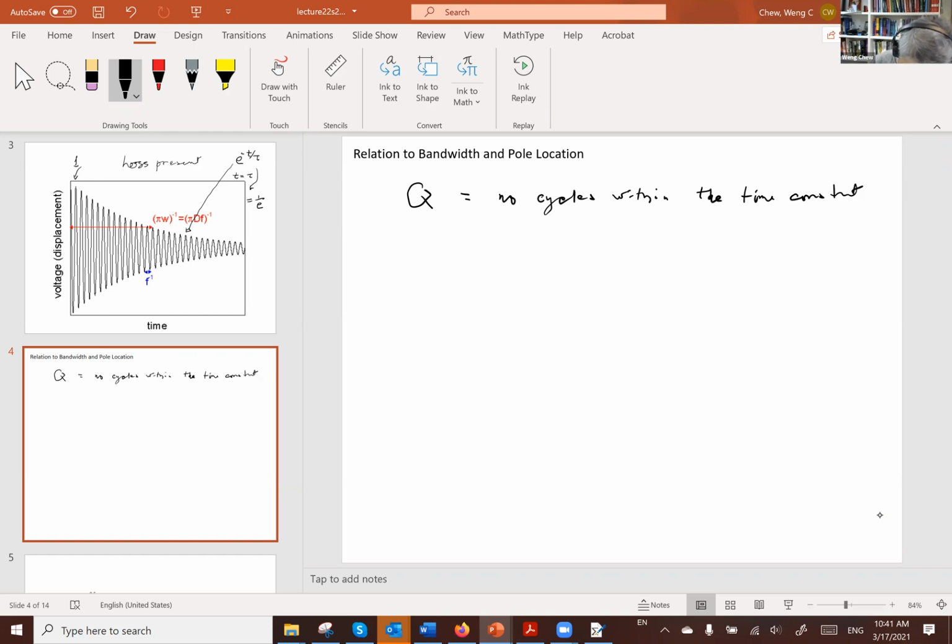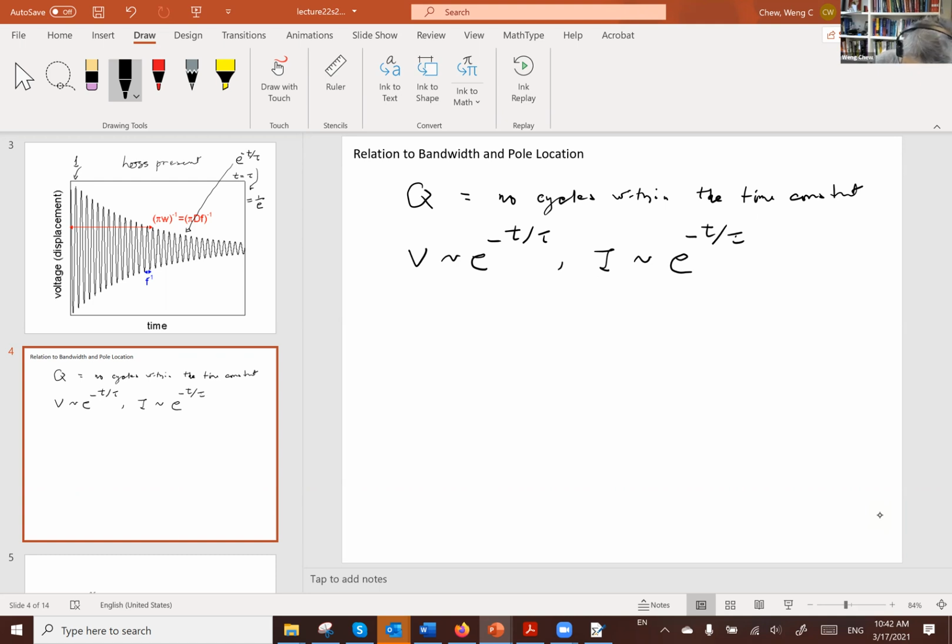Let me see how I should define this. I should think of this that the voltage goes as e to the minus t over tau, and the current will also go as e to the minus t over tau.